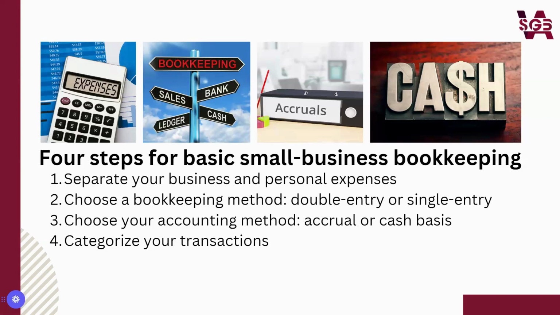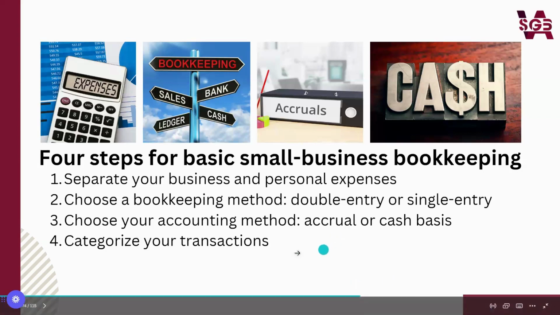So whatever cash we spend, we record immediately as expenses, and whatever cash we receive, we record immediately as income. Otherwise, if there are other specific transactions, we will record and categorize them accordingly. The last step is to categorize your transactions.